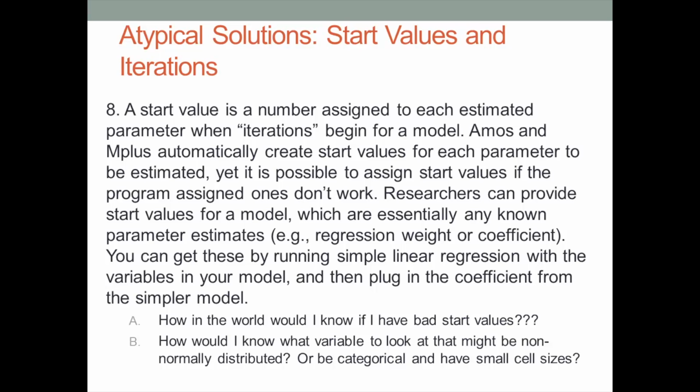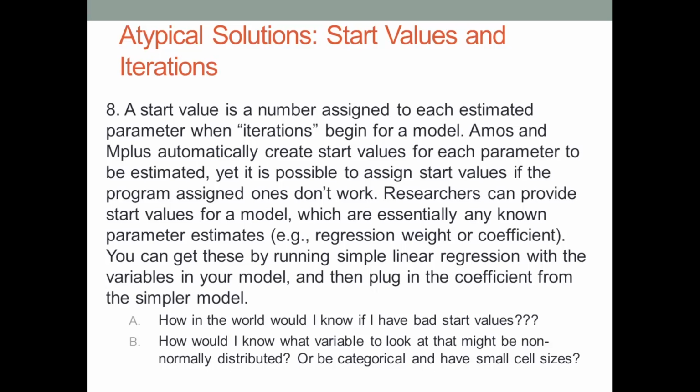Sometimes you may not have good start values. Amos and Mplus automatically provide start values for your model. And I always think, how in the world would I know if I have poor start values? Well, you can't know. There's no way of knowing.